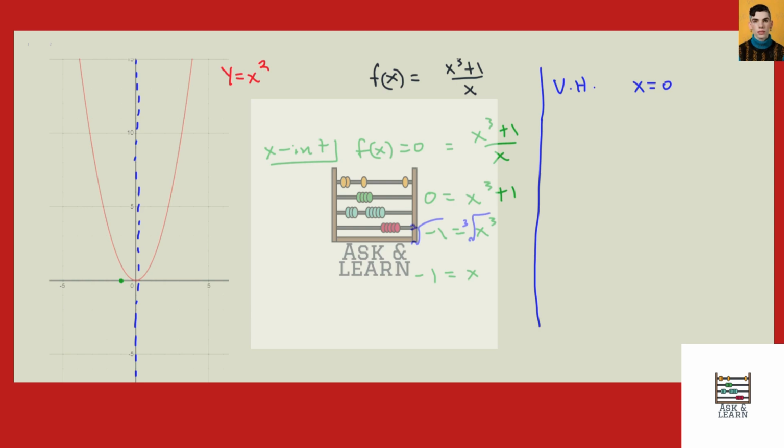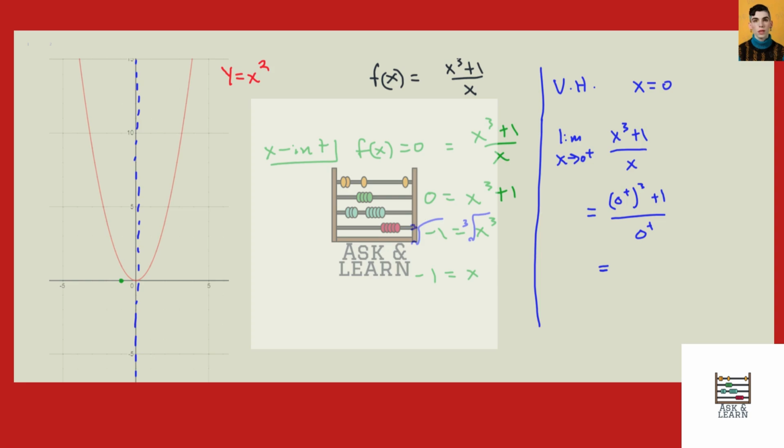So we can go ahead and take the limit as x approaches 0 from the right of x cubed plus 1 all over x. Plugging this in here, we would end up with 0 from the right cubed plus 1 all over 0 from the right.